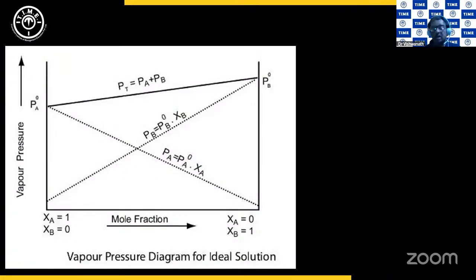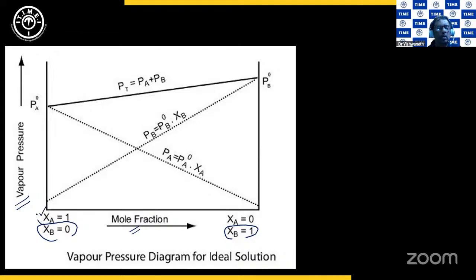Now, this is the plot that you get between vapor pressure on the y-axis and mole fraction on the x-axis. The mole fraction of B, starting from 0 going till 1. So as Xb goes from 0 to 1, when Xb is 0, there is only Xa.